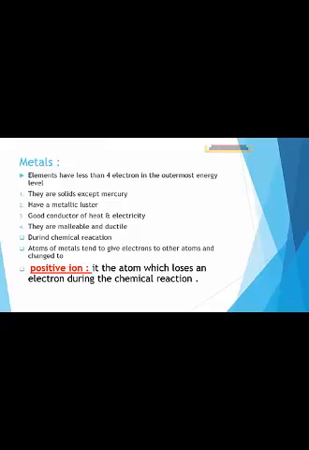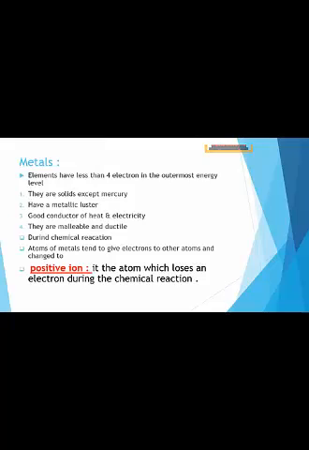The only liquid metal is mercury, but the others are solid. Number two, metals have a metallic luster. Number three, metals are good conductors of both heat and electricity. Number four, metals are ductile and malleable, or can be reshaped.